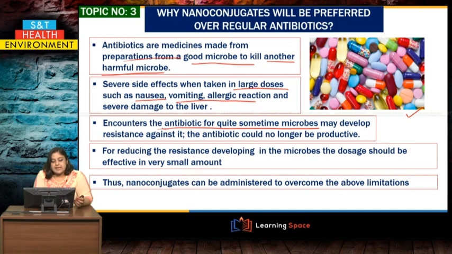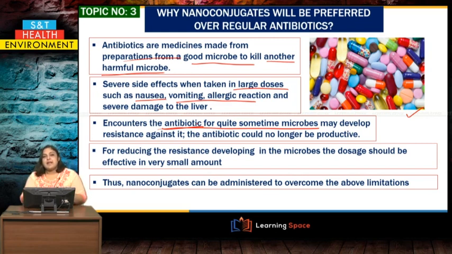They can't be given one to everywhere. Suppose a microbe encounters the antibiotic, it can develop resistance. That means the antibiotic will no longer be productive, no longer can protect the animal or the human from the microbe, because microbes have the ability to take up the antibiotic and understand what is killing them.